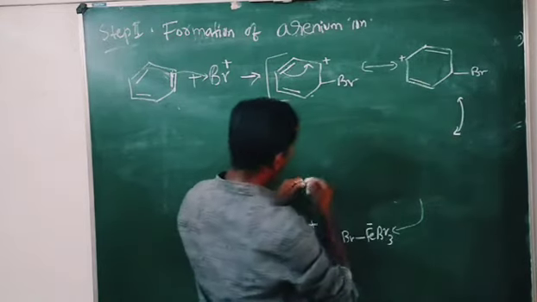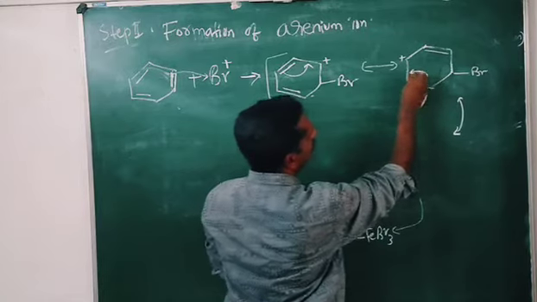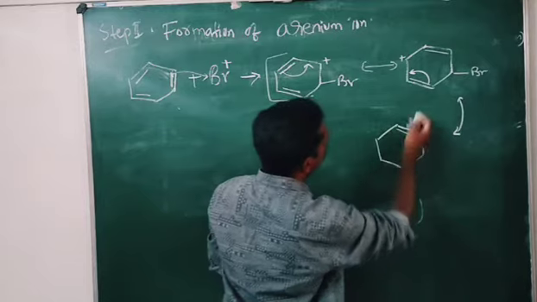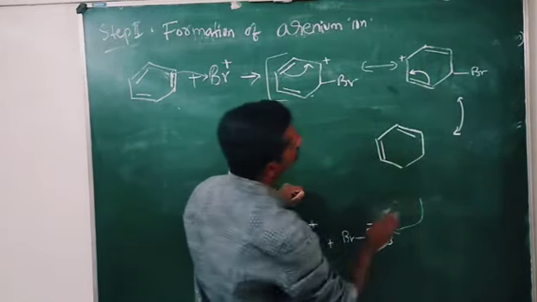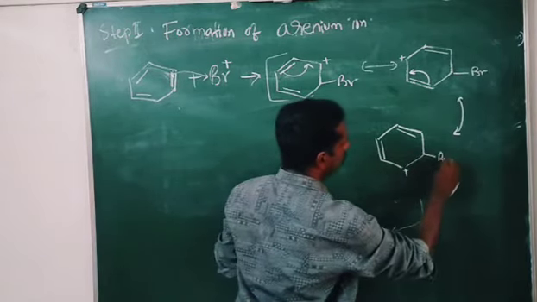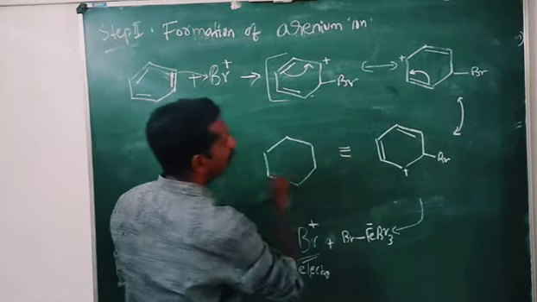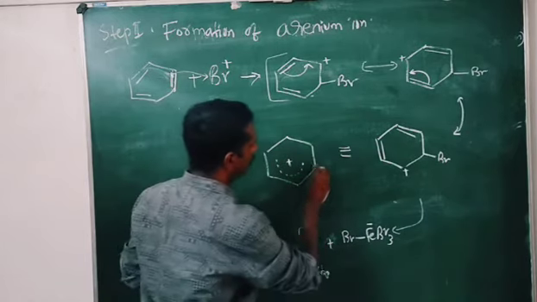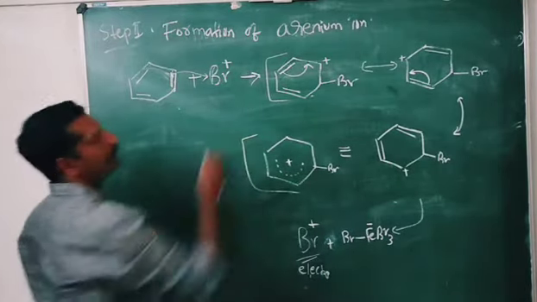Here is a positive charge. Then this bond breaks from this carbon and it will be shifted to here. Then you get a structure like this. Here is a double bond. The bond breaks from this carbon and is migrating between these two carbons. So here is a double bond. Since the bond is breaking from this carbon, it is getting a positive charge, and here it is Br. Or it can be represented like this, the delocalization of positive charge. The ring is getting a positive charge, and of course here it is Br.